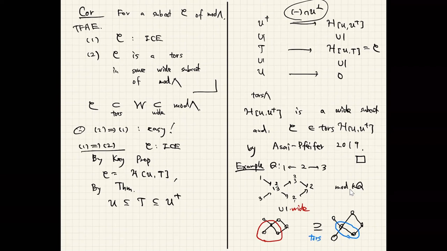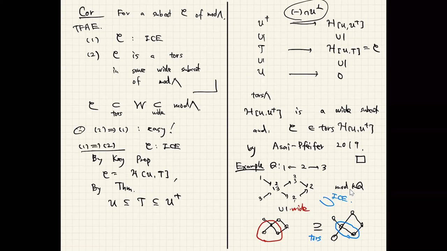And this subcategory is not a torsion class and not a wide subcategory because it's not closed under quotients and kernels, but it's closed under images, cokernels, and extensions. So this is an ICE-closed subcategory.